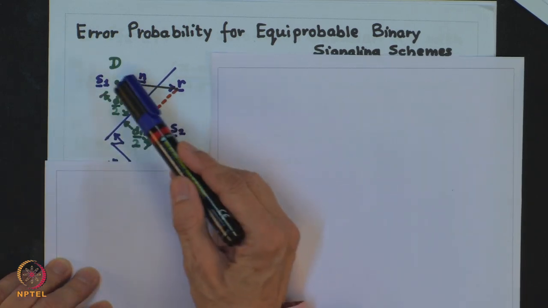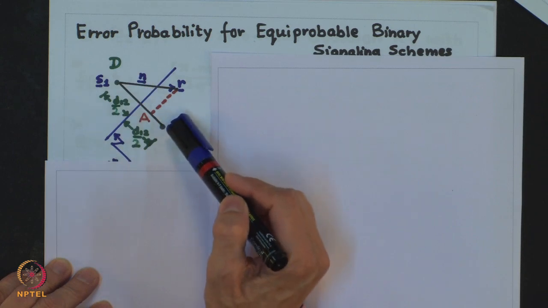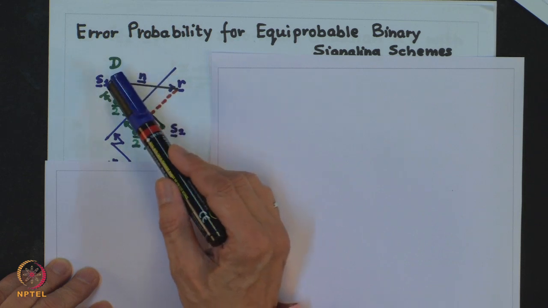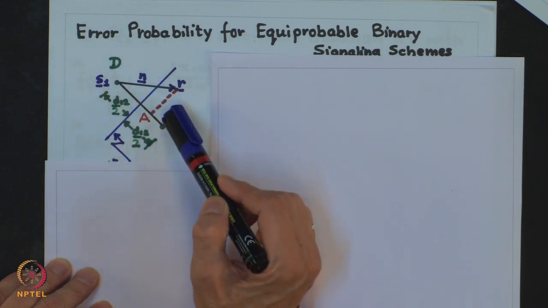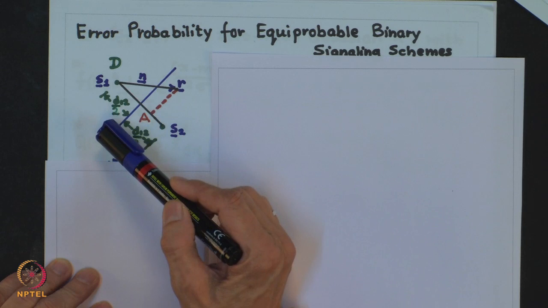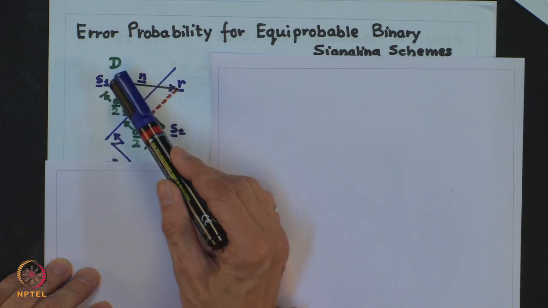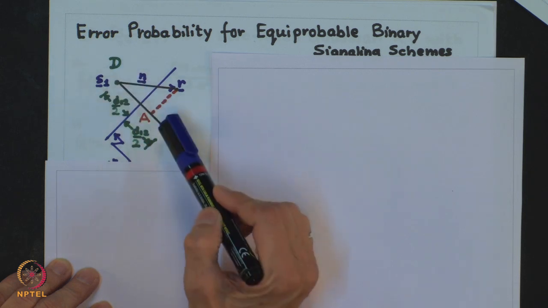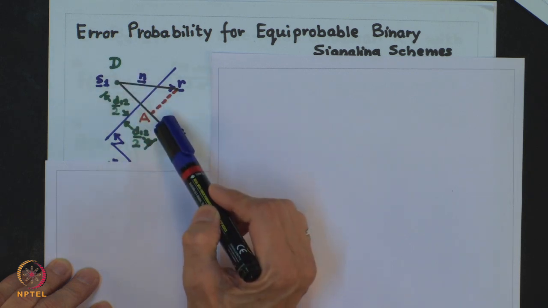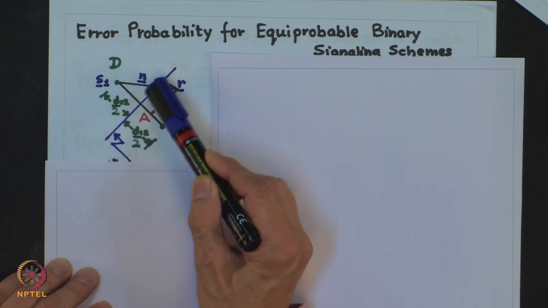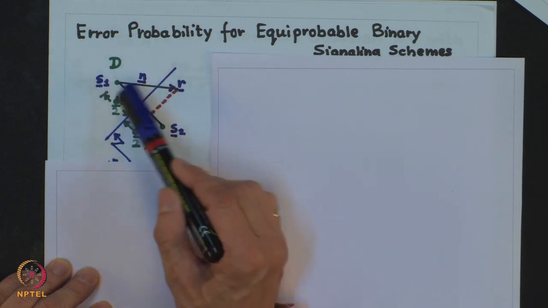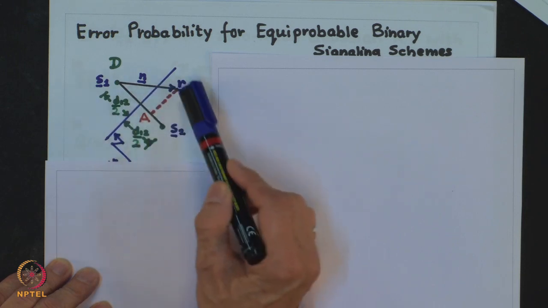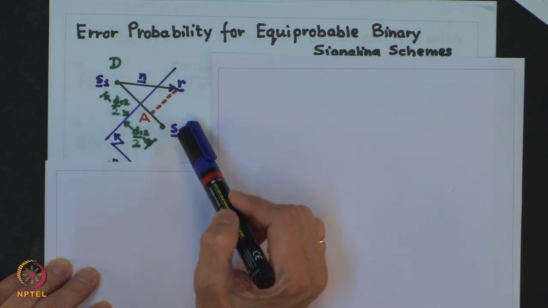Now, we know that signals are equiprobable. So, what this implies is that the two decision regions R1 and R2 will be separated by the perpendicular bisector of the line joining S1 and S2, correct. So, I take the perpendicular bisector; this region out here would be R1, and this region on this side of the line would correspond to S2.